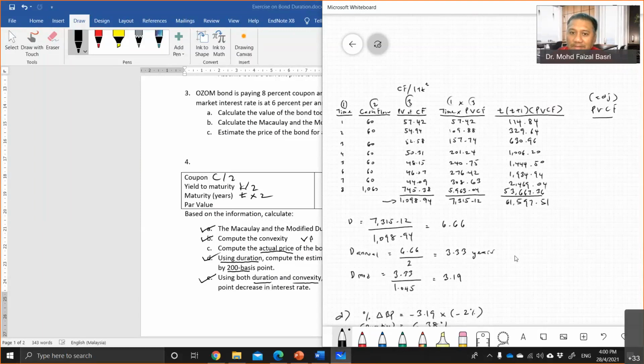So you take 60, you divide by 1.035, because we assume the rate is 3.5%. So you're going to get 57.97. Okay, 57.97. That's only one.